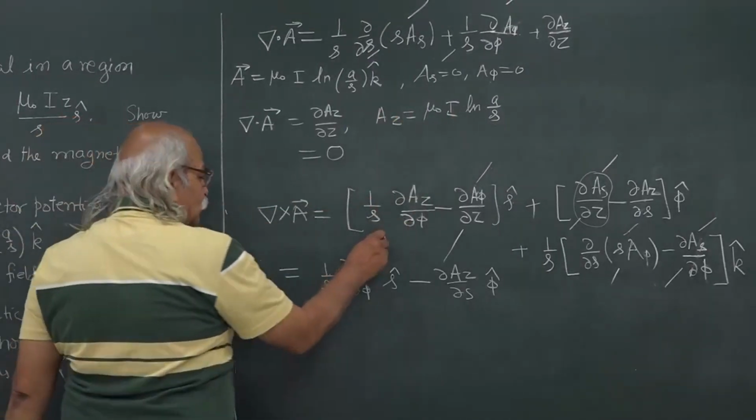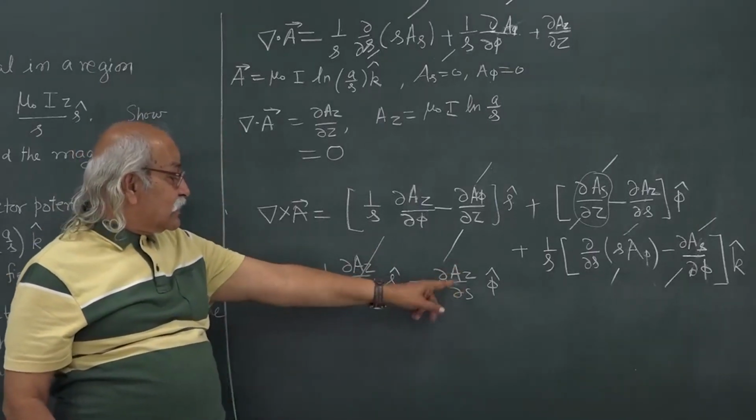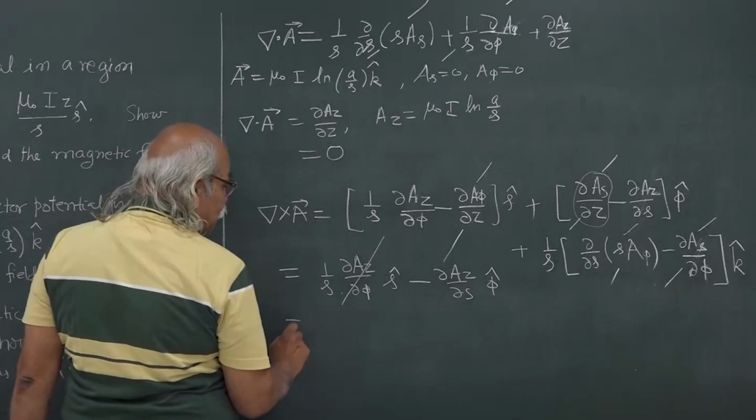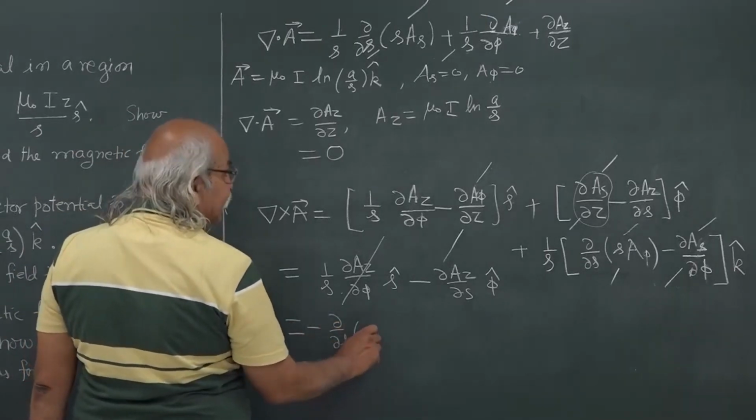So this term is also 0, but A_z depends on S, so that has to be taken care of. So this is equal to minus del S of A_z.